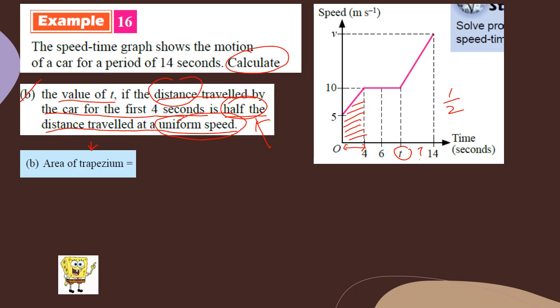Where is uniform speed? If you still remember, when the graph is parallel to the x-axis, this is the uniform speed. So uniform speed is this area.